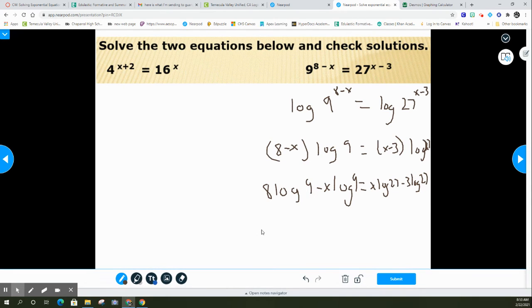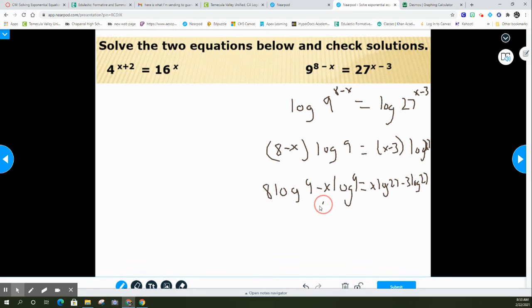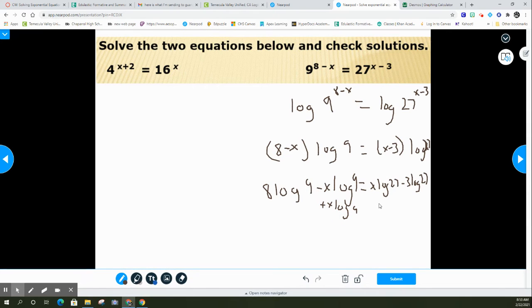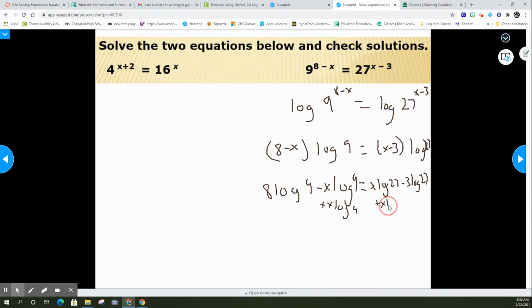Get all the x's on one side, right? So add x log 9 to both sides. Add 3 log 27 to both sides.